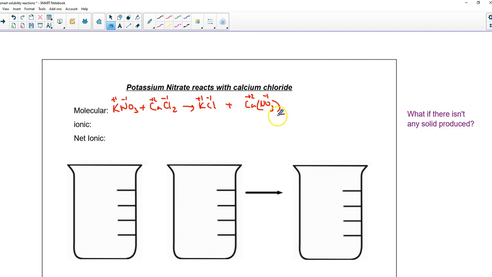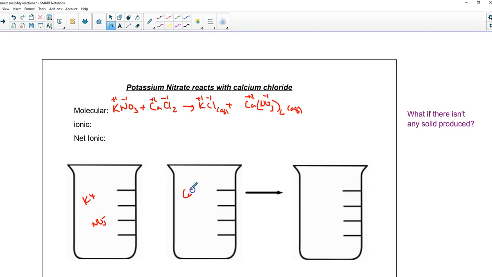All right, let's check these over for solubilities. You might notice this is a quick check, so it's going to be aqueous. And this one is also a quick check, so it's going to be aqueous. So our question here is, what if there's no solid produced? Okay, let's sketch this out. I have K plus, NO3 minus.